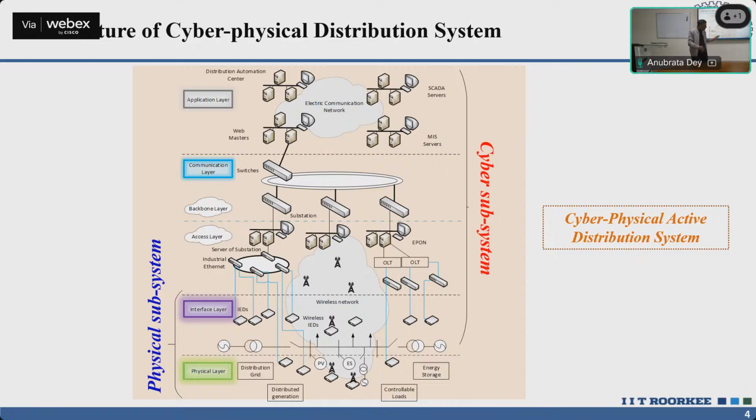Smaller distance communication is done in this layer by your IEDs. The same IED can also do larger distance communication in this layer using some other medium, usually, let's say, the wired medium, because for larger distances it is preferred to go for wired medium, and for smaller distances you can go for, let's say, the Wi-Fi network.